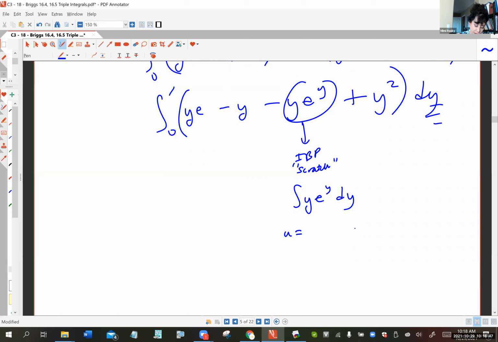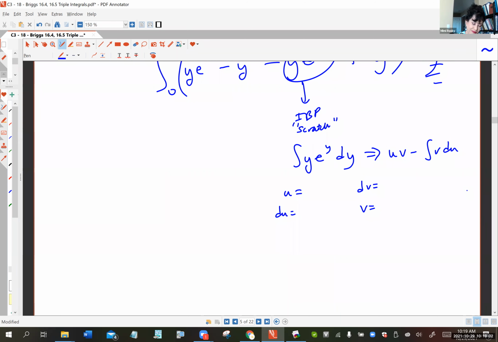You're going to identify a u, a dv, the du, and the v, because this is going to be rewritten as u times v minus the integral of v du. That's the by parts formula. And if you remember from before, anytime you have an exponential multiplied by a polynomial, the polynomial becomes the u.